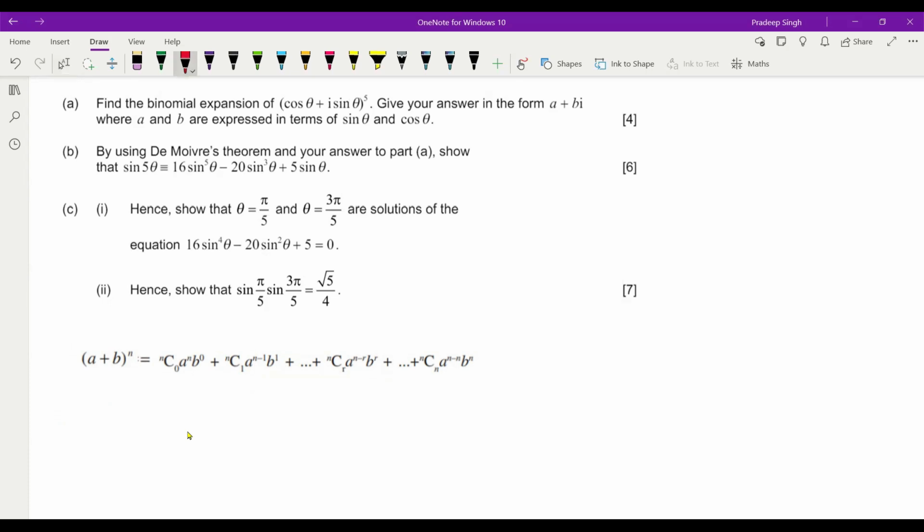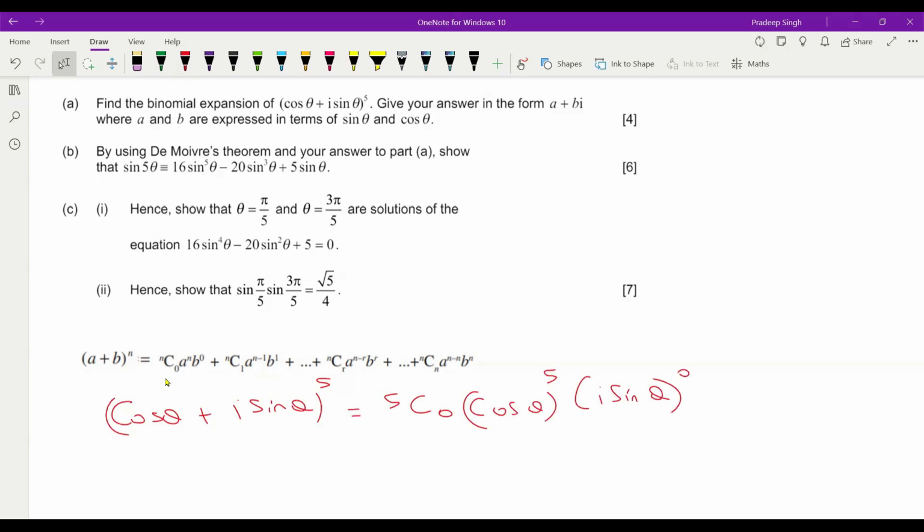In part A, we are supposed to expand (cos theta + i sin theta) whole to the power of 5, which means let's say a is cos theta and b is i sin theta, and the value of n is equal to 5. So the first term will be 5C0 cos theta to the power of 5 multiplied by (i sin theta) to the power of 0.